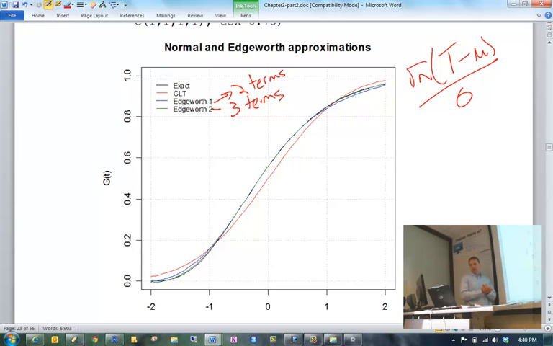Remember that sample size was 5 here, so you wouldn't expect the central limit theorem necessarily to do a good job. But with extra terms, you can get a better approximation. Okay, so page 24 then.